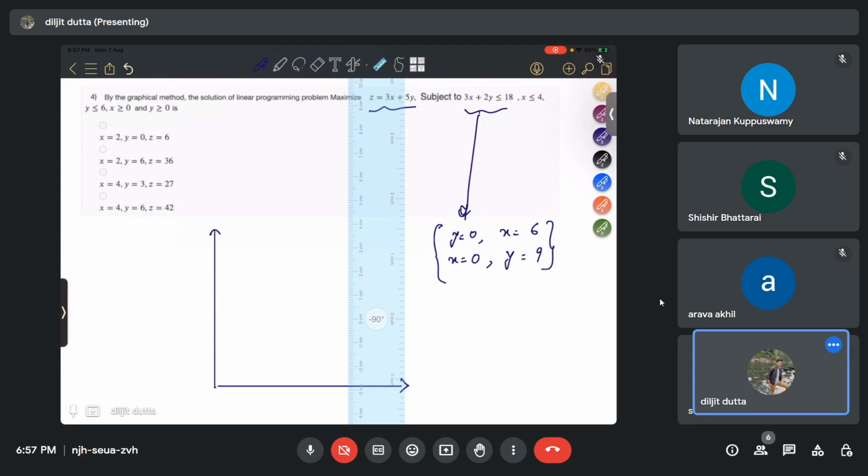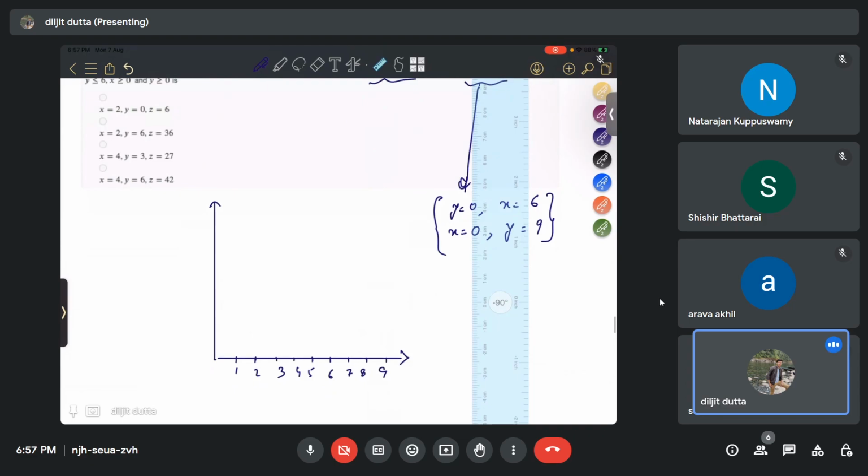Suppose we consider the axes: 2, 3, 4, 5, 6, 7. I am not drawing properly to scale. Then 4, 5, 6, 7, 8, 9.